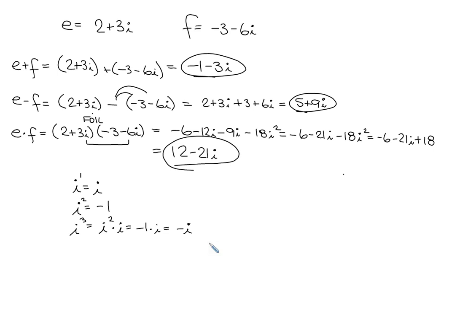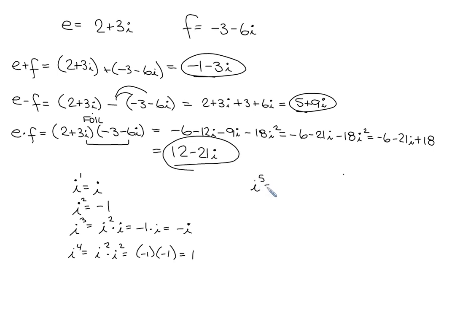So again, the power disappears. So anytime you run into i to the third power, it just becomes negative i. i to the fourth power is i squared times i squared. Well, that's negative 1 times negative 1. That's positive 1. So again, the power disappears.